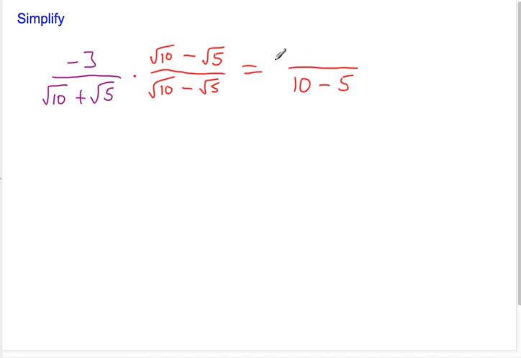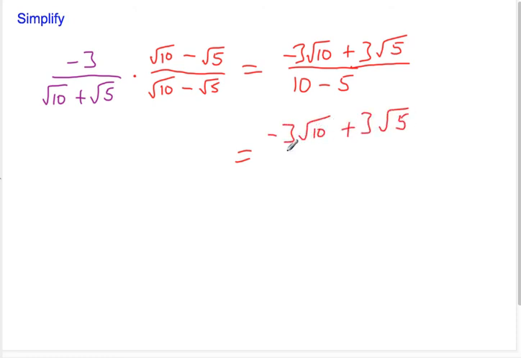And then on the top we have negative 3 root 10. We're just distributing this 3 to both items. Plus, because the negative times negative, plus 3 root 5. And so we end up with negative 3 root 10 plus 3 root 5 all over 5. Now it's okay to have radicals in the numerator, we just can't have them in the denominator. So we are now done with that problem.